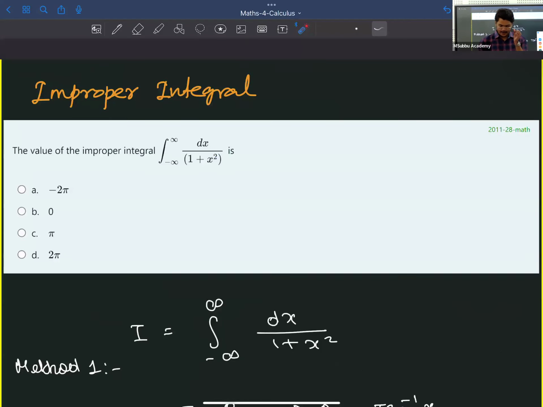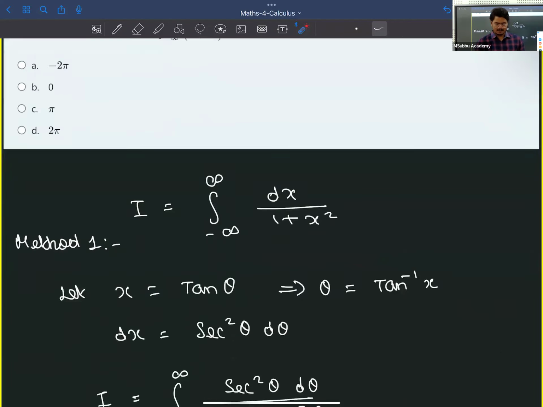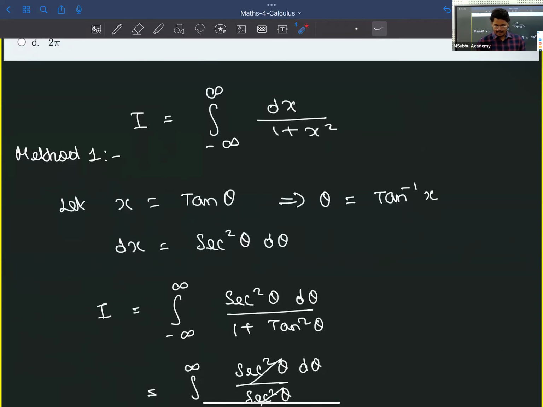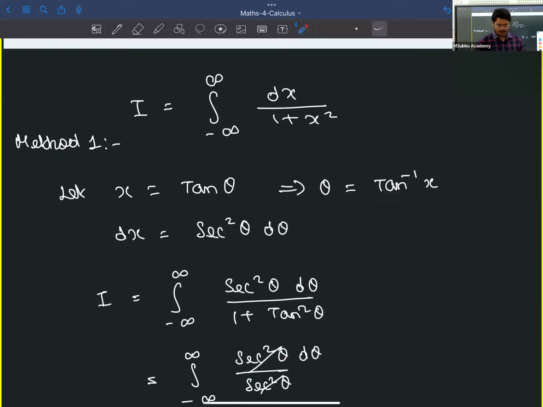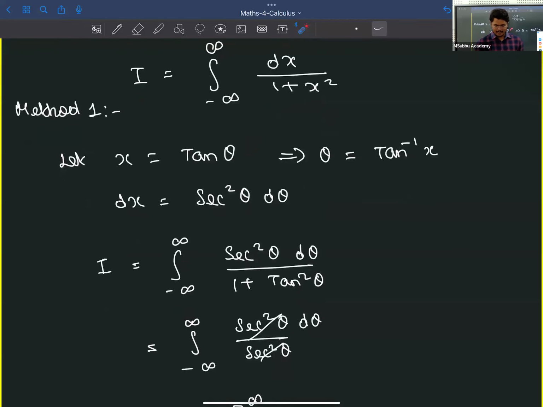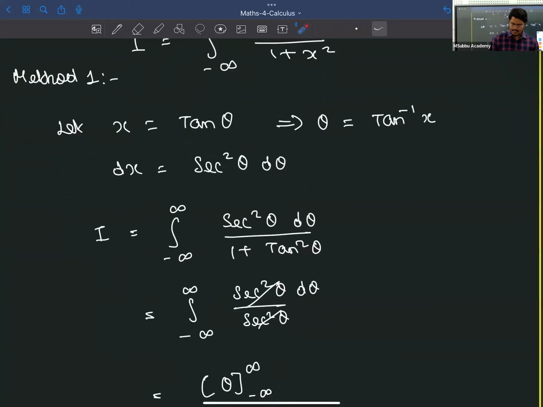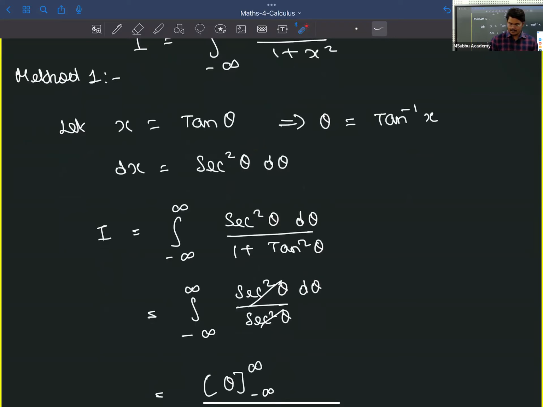Or what you can do is the same substitution method which we have followed earlier. So directly take x is equal to tan theta, because you know 1 plus tan square theta is nothing but secant square theta. So I'm taking x as tan theta, and theta is tan inverse x. So dx is equal to secant square theta d theta.